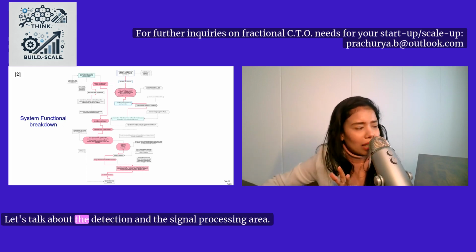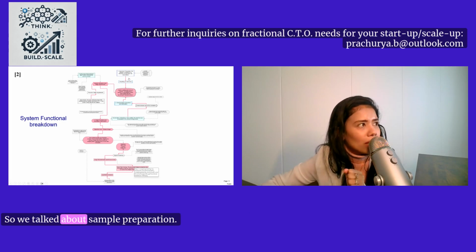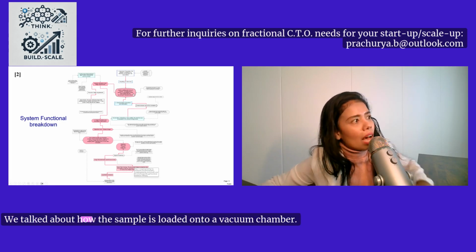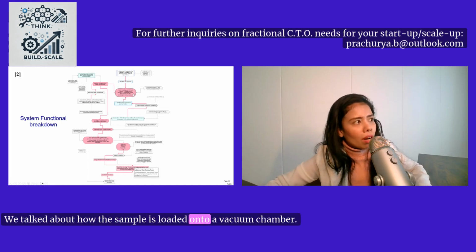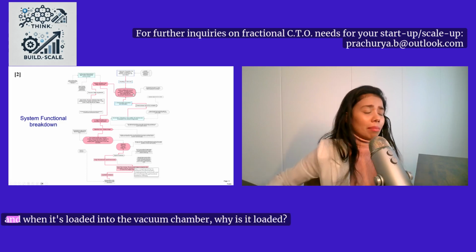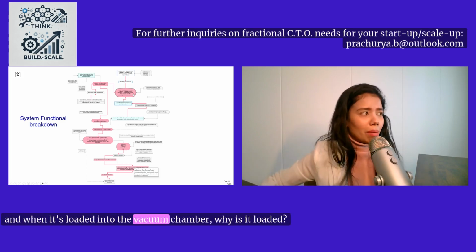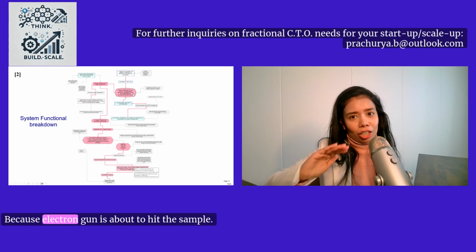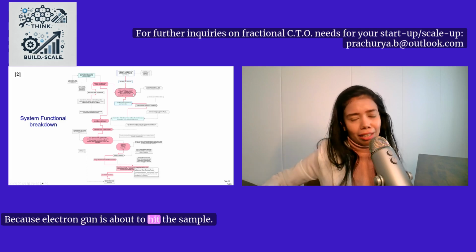Let's talk about the detection and the signal processing area. So we talked about sample preparation. We talked about how the sample is loaded onto a vacuum chamber, and why is it loaded? Because the electron gun is about to hit the sample.